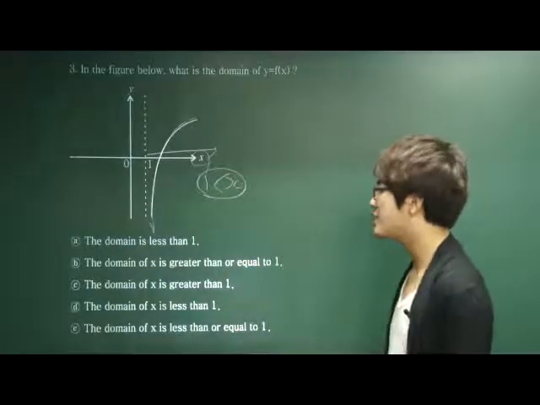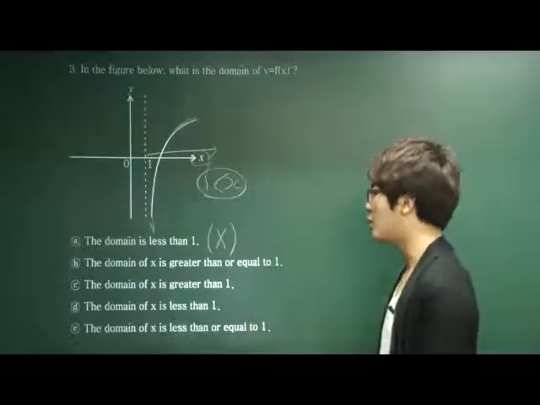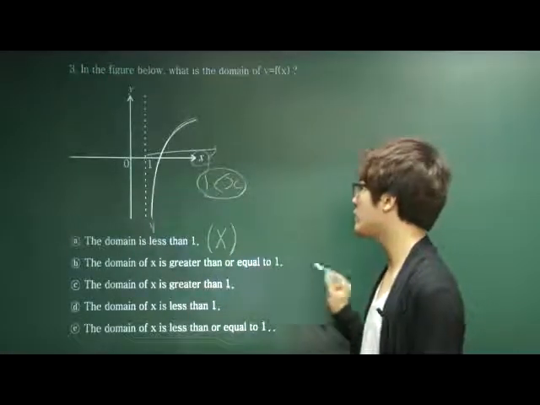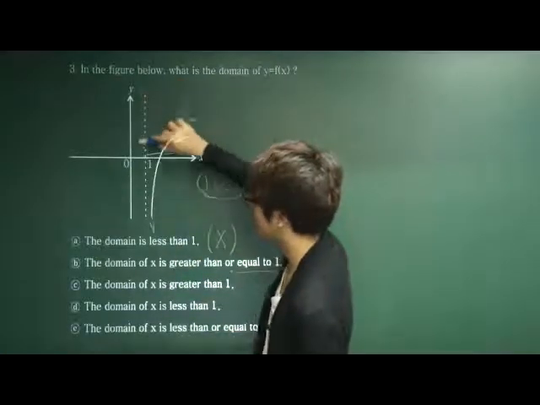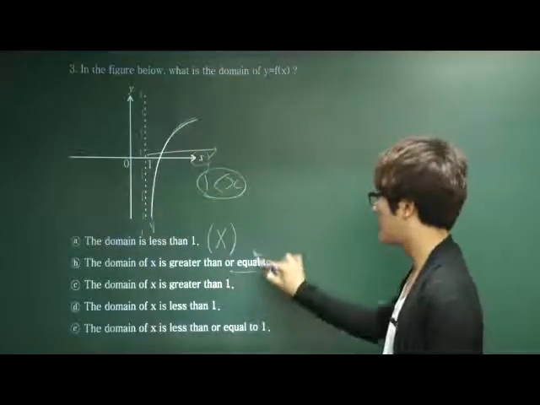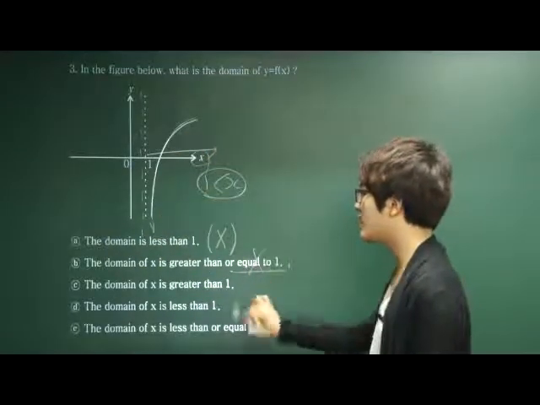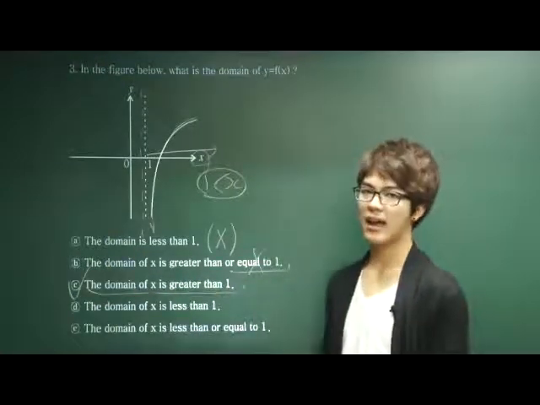A says the domain is less than 1. Nope. It has to be greater than 1, right? B, the domain of x is greater than or equal to 1. No, it cannot be equal to 1. Why? Because there's an asymptote, right? So it cannot be equal. C, the domain of x is greater than 1. Correct. Therefore, C is our correct answer.